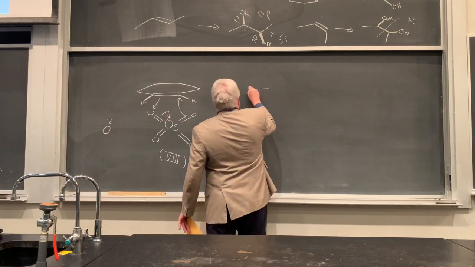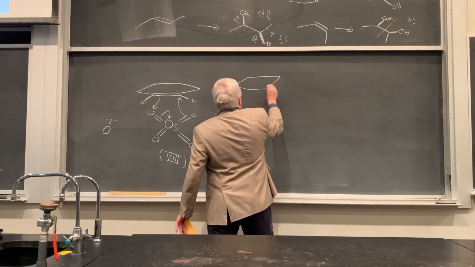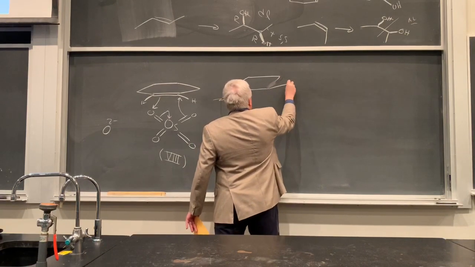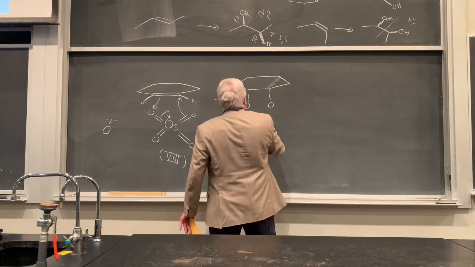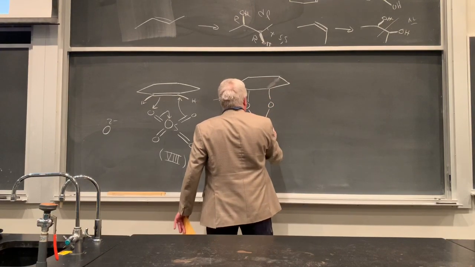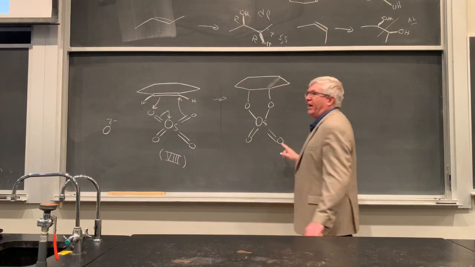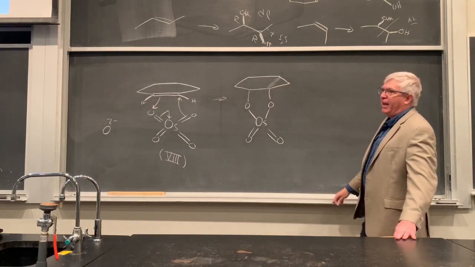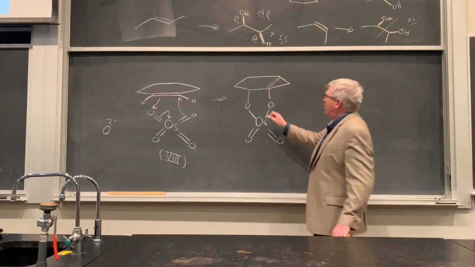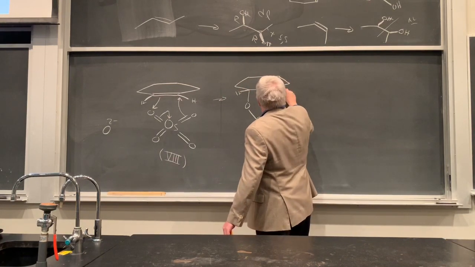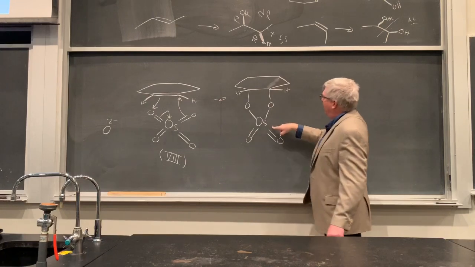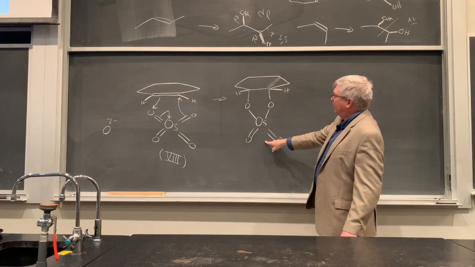So let's see. We'd have what? We'd have the 2 oxygens here around the osmium, and the result will be that. This is called the osmate ester. It can be isolated in some cases, but notice here we've got the 2 hydrogens up and the 2 oxygens down there. And what about the oxidation state of osmium?